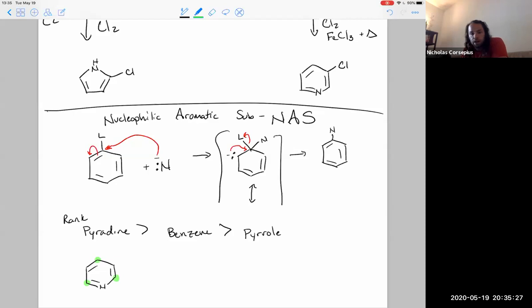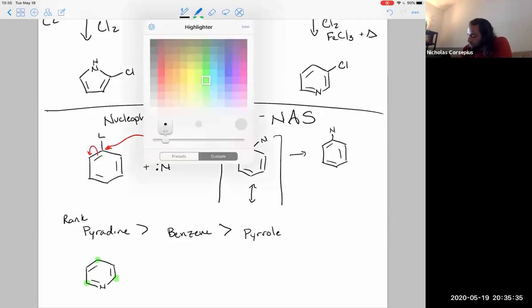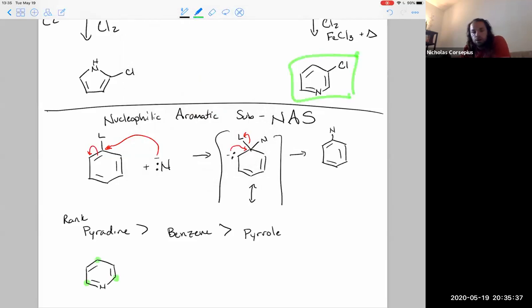It doesn't matter if you have a good leaving group and it's on C3, you still won't have any sort of a nucleophilic aromatic substitution. So this compound up here, for example, would not be able to undergo nucleophilic aromatic substitution because the chlorine group is located at C3. That's the only catch with the pyridine. It's more reactive than benzene when it comes to these reactions, but that leaving group has to be on carbon 2 or 4.